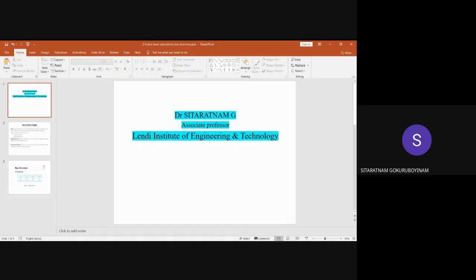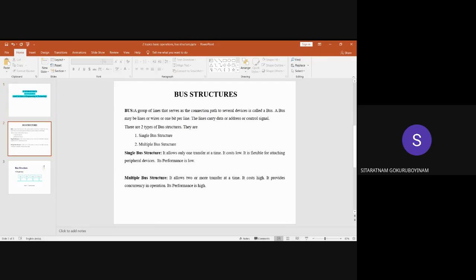Now we will discuss bus structures. So first of all, what is a bus? What is the purpose of a bus in the system? And how many types of buses are available in the system?